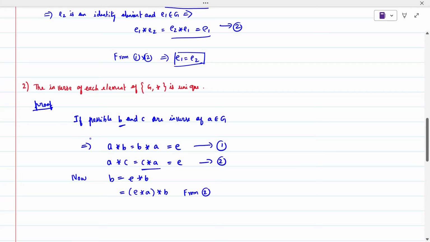Now what I am going to do? Sorry, I have written E, it should be C. Change it. This is C. From 2. Okay, C star A star B. Now I can change the bracket using associative. So C star A star B by the property associative.